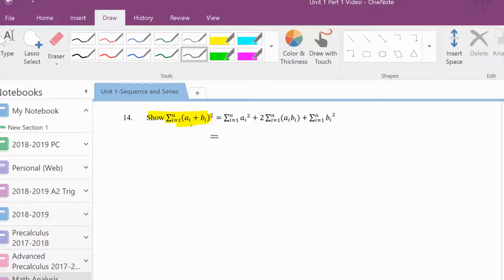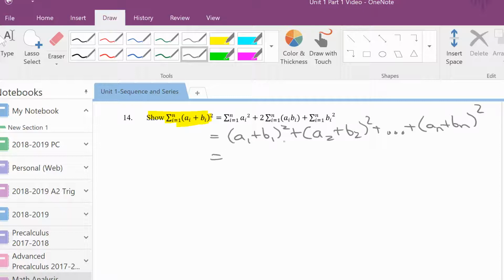So the sum here is equal to a sub 1 plus b sub 1 squared plus a sub 2 plus b sub 2 squared plus, and then it's going to continue on until you go a sub n plus b sub n squared, because it goes to n. Notice the pluses in the right spot.